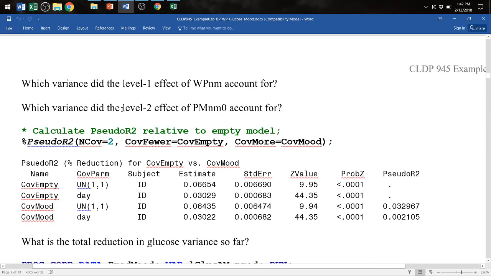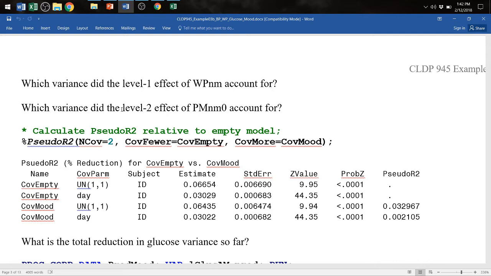So then which kind of variance did the level 2 effect of person mean negative mood account for? What's left? If it's level 2, random something, that's good. One more word in there. This is random intercept.